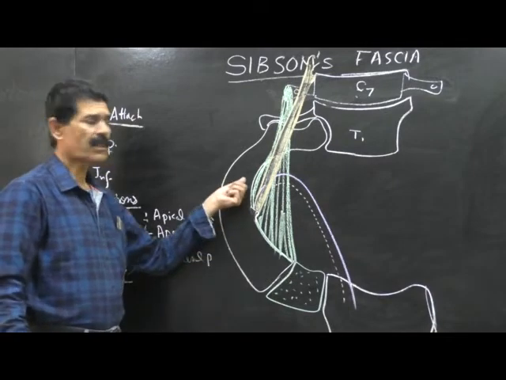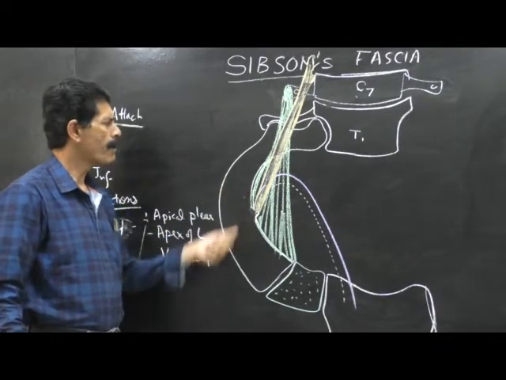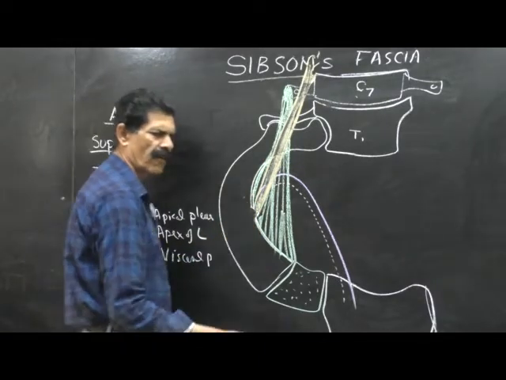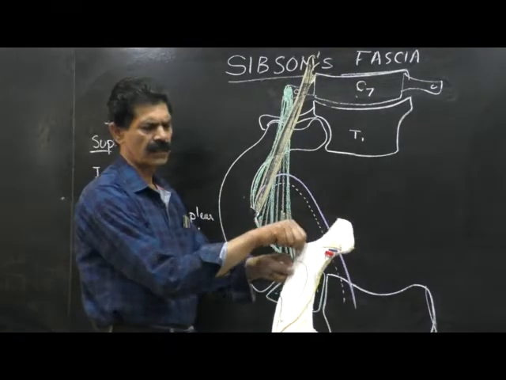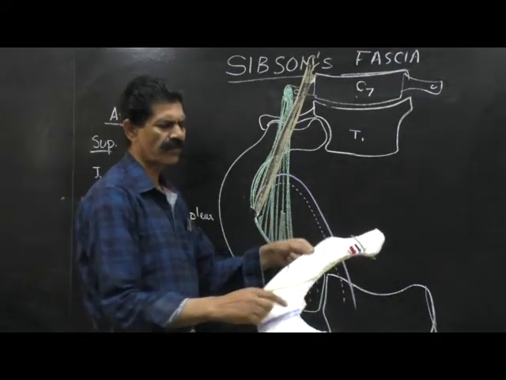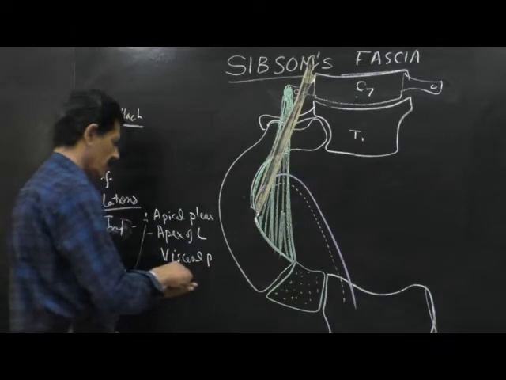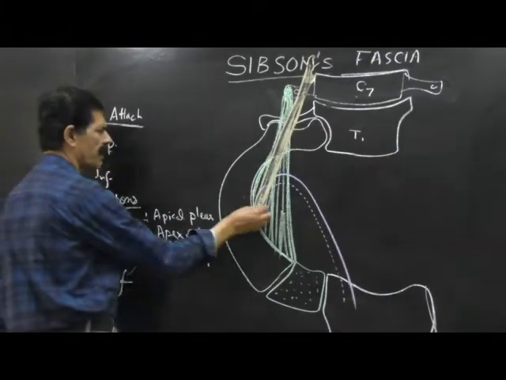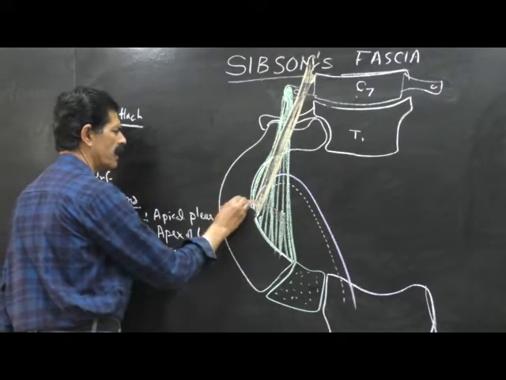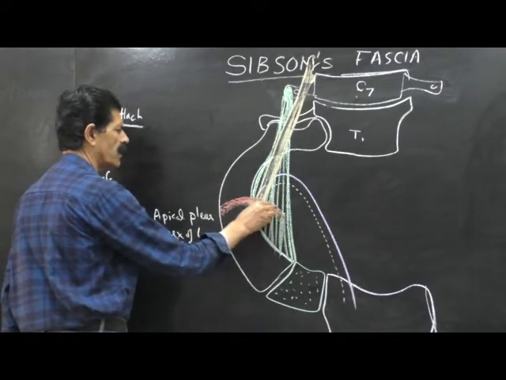Then all the structures related to the superior surface of the first rib we have done already. The grooves in front of and behind the scalene tubercle. So the subclavian artery occupies the groove posteriorly.